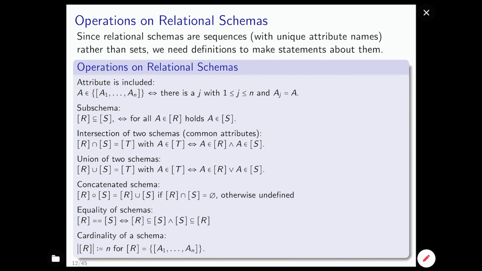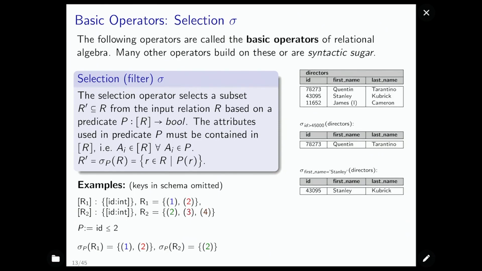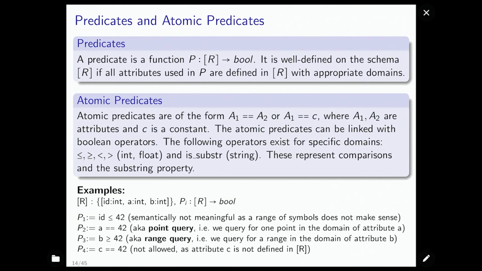Or what does a subschema even mean? Subschema means all the attributes contained in R are also contained in S, so S is typically a superset of R, stuff like that. What does intersection of these two schemas mean? What does union of these two schemas mean? Just for completeness. But maybe I will explain these again once we use these expressions.